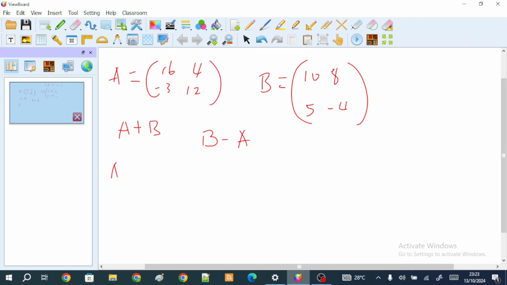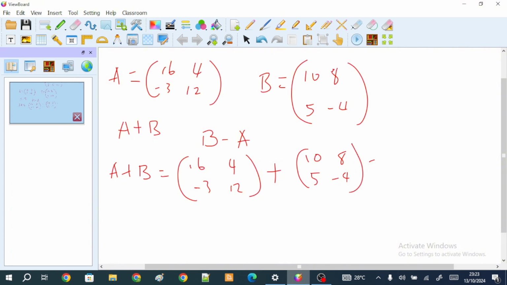So A plus B is going to be 16, 4, minus 3, 12, plus our B is 10, 8, 5, negative 4. Okay, they are of the same order. This is a 2 by 2 matrix, and this is also a 2 by 2 matrix. So what we do now is to add elements at corresponding position. This is position 1 1, and this is position 1 1, row 1 column 1.